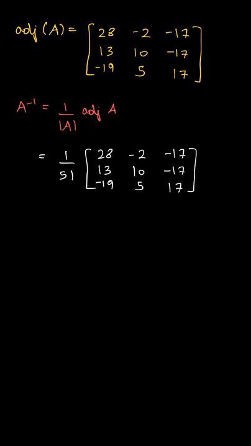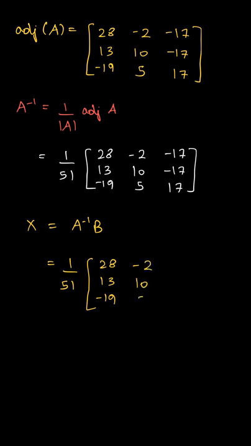Here we have found A inverse. Now to find the value of X, it is A inverse multiplied by B. So here we will have 1 upon 51 multiplied by 28, 13, minus 19, minus 2, 10, 5, minus 17, minus 17, 17 multiplied by B.